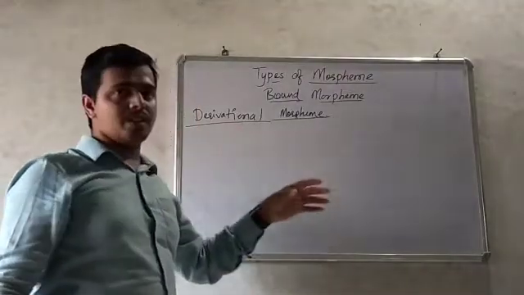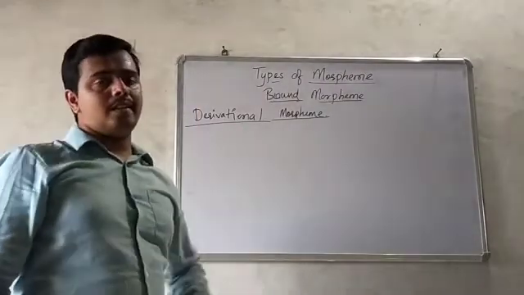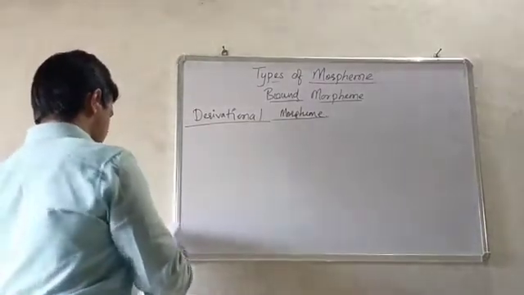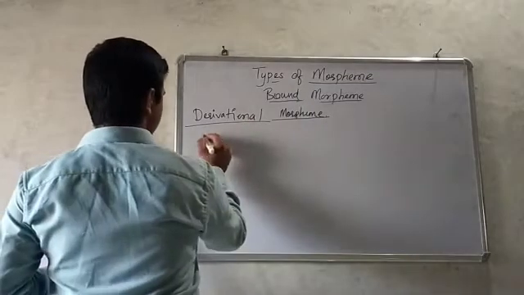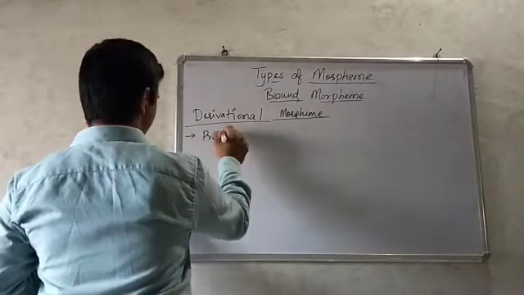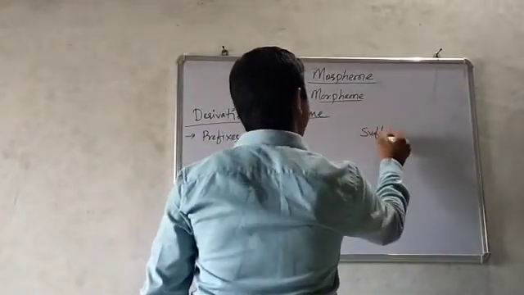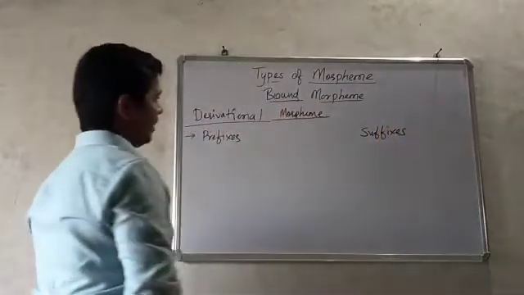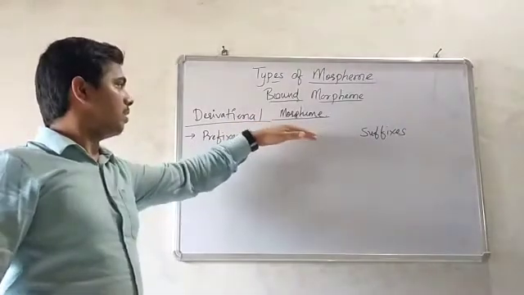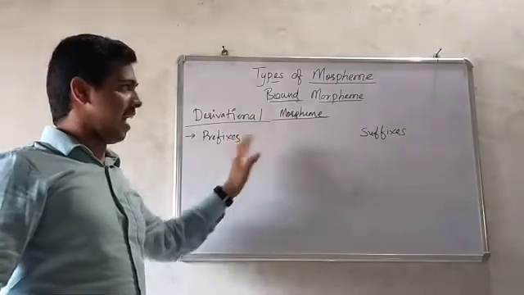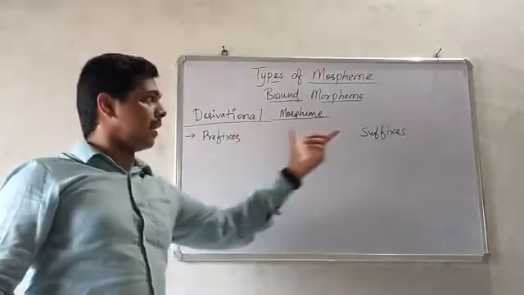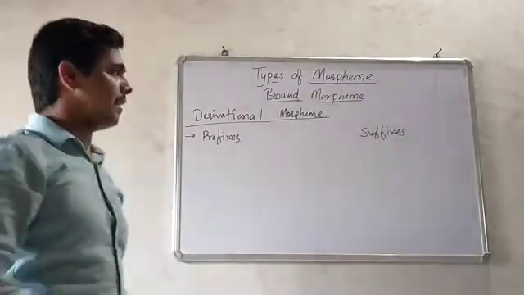In derivational morphemes, we can see there is a use of prefixes and suffixes. Derivation means root word. So there come prefixes and suffixes. Now let us see what are prefixes and their examples, and what are suffixes and their examples.